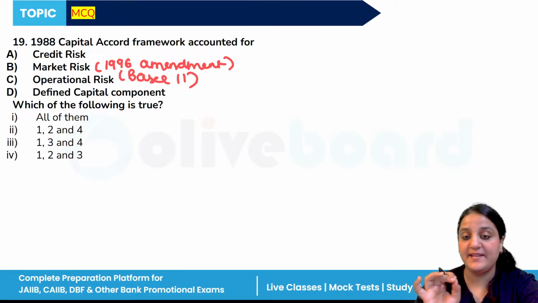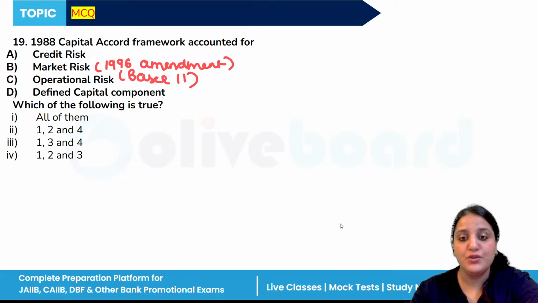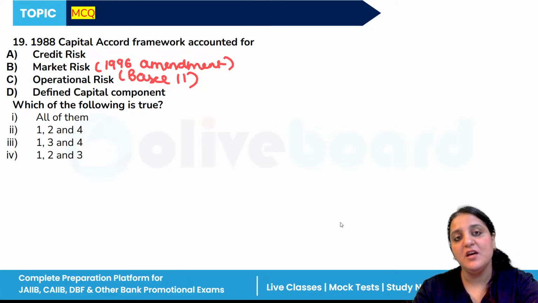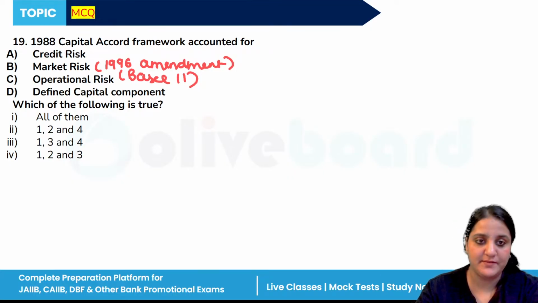Basel I says that 8% is mandatory. So the correct answer is the 1988 Basel I framework primarily addressed credit risk. Market risk was recognized later. Operational risk later in Basel II, and it defined the minimum capital requirement for the banks.